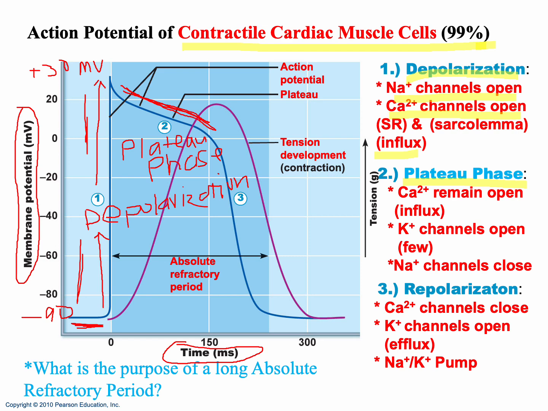The main events that take place during the plateau phase: the calcium channels remain open. You still have calcium flowing into the cardiac cell, and you still have calcium released from the sarcoplasmic reticulum.